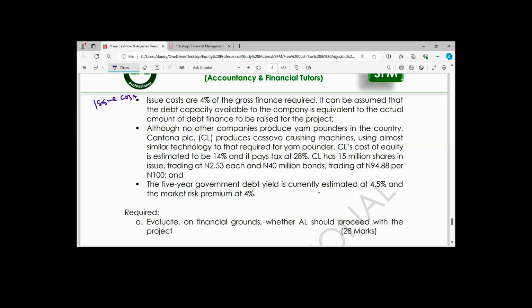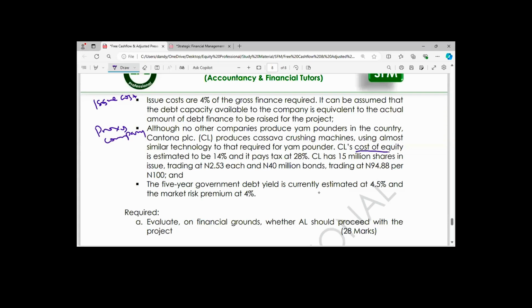Although no other companies produce yam powders in the country, Cantona PLC produces cassava crushing machines using almost similar technology to that required for yam powder. CL's cost of equity is estimated to be 14% and it pays tax at 28%.